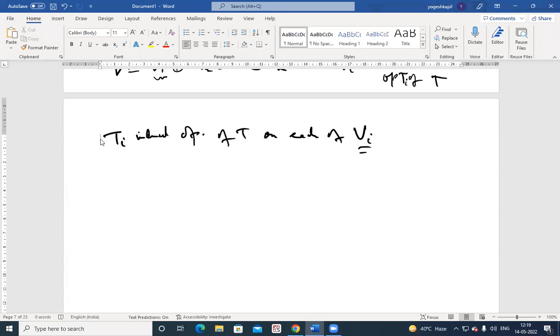Now we must talk of Si. Si is what? Ti minus lambda i times I. What can you say about this Si? This is a nilpotent operator.